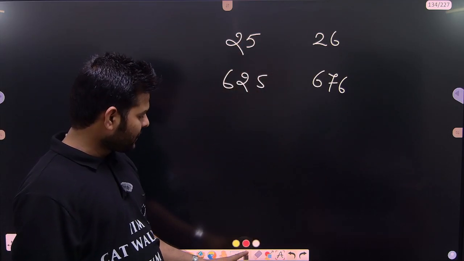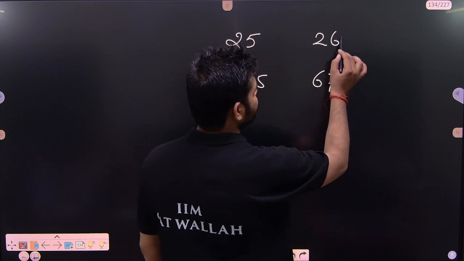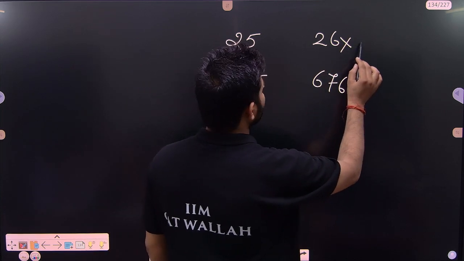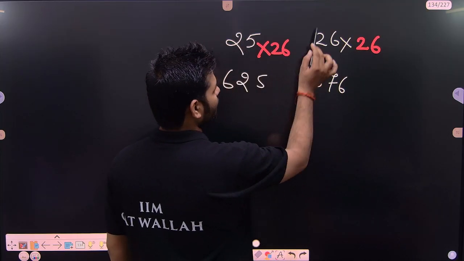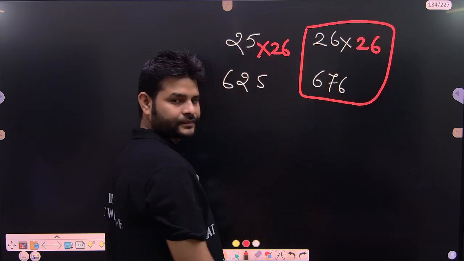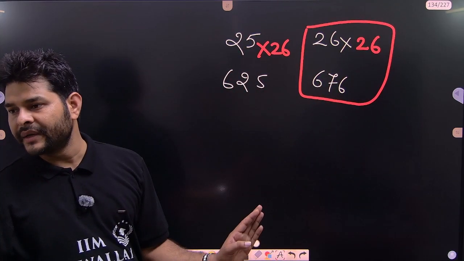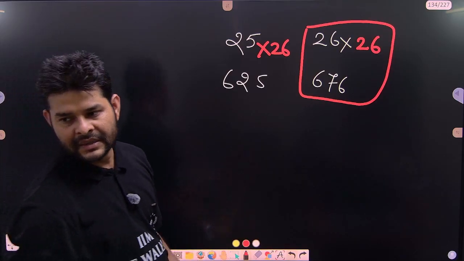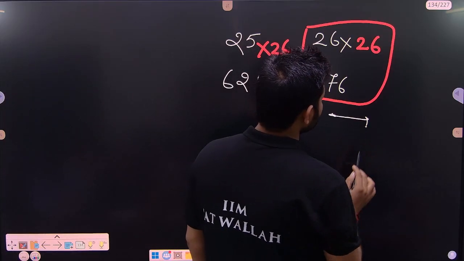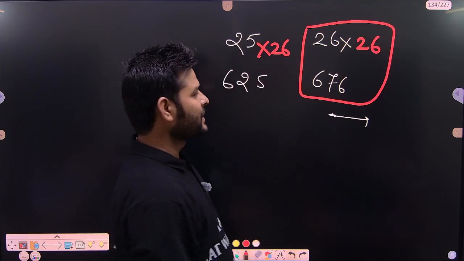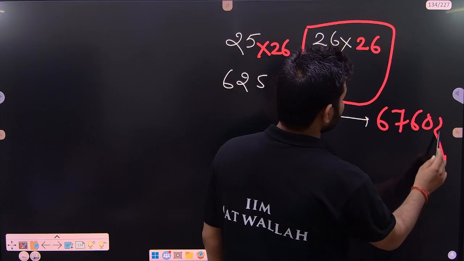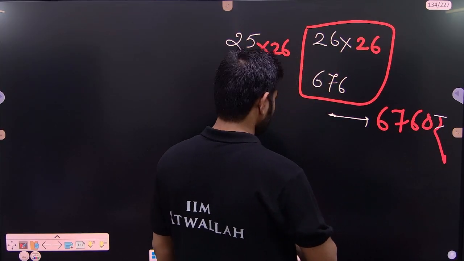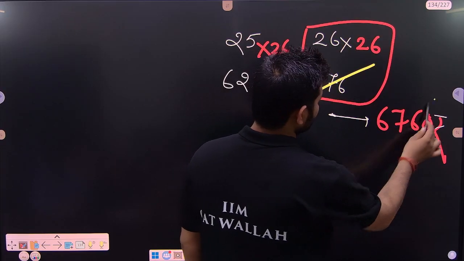To make the installments equal, we need to multiply by 26 here. So all the installments are equal, and this equal installment value is given as 6,760 rupees. So 1 unit cost would be 10 rupees.